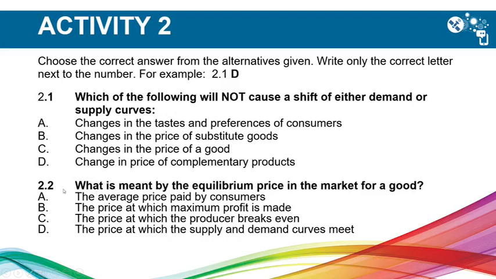The options are A, the average price paid by consumers, B, the price at which maximum profit is made, C, the price at which the producer breaks even, or D, the price at which the supply and demand curves meet. Out of these four, our only correct answer is D.